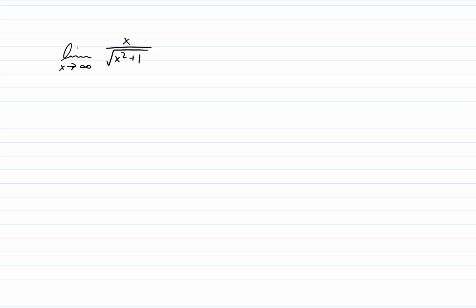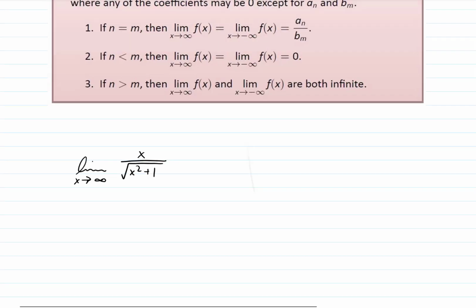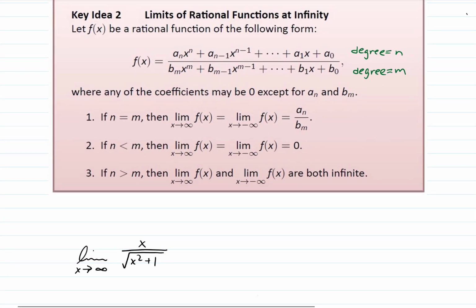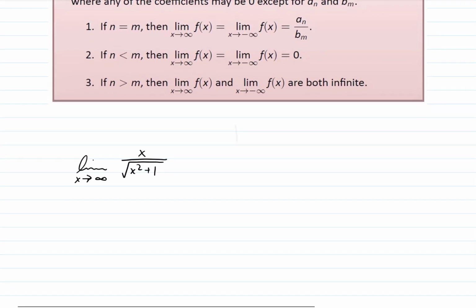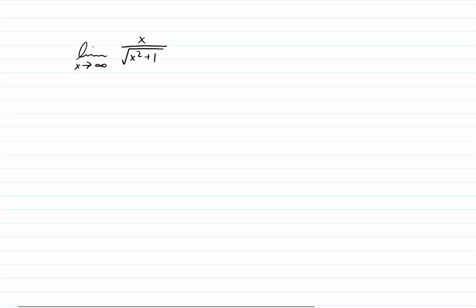That's technically not a rational function because there's a square root in there. So technically, this idea here won't work, but it's practically the same. All I'm going to do is look at the denominator only.